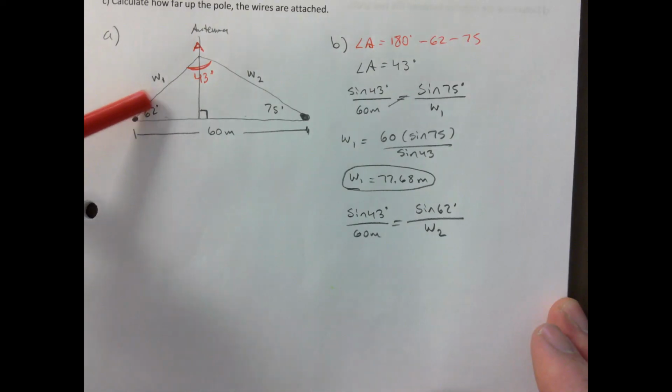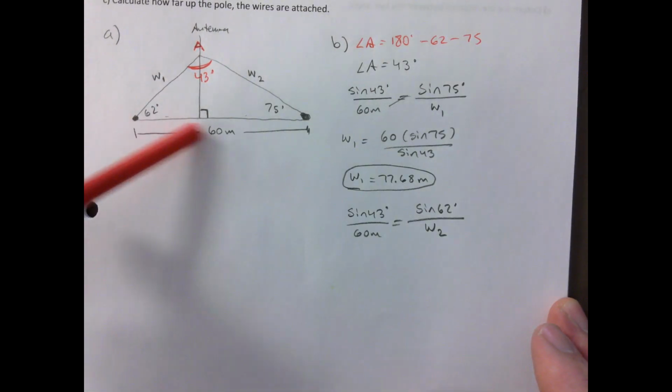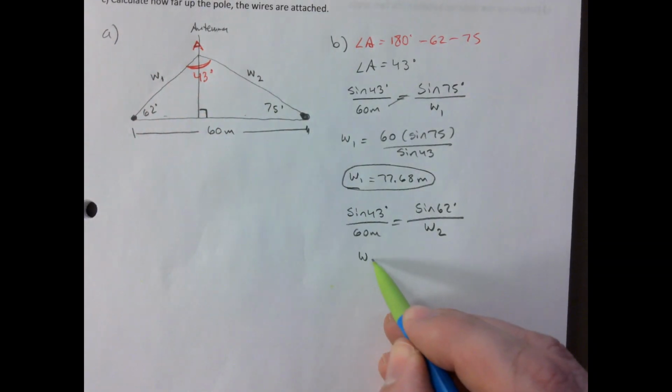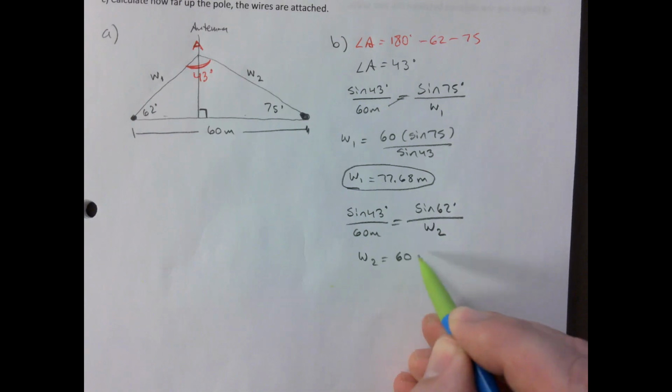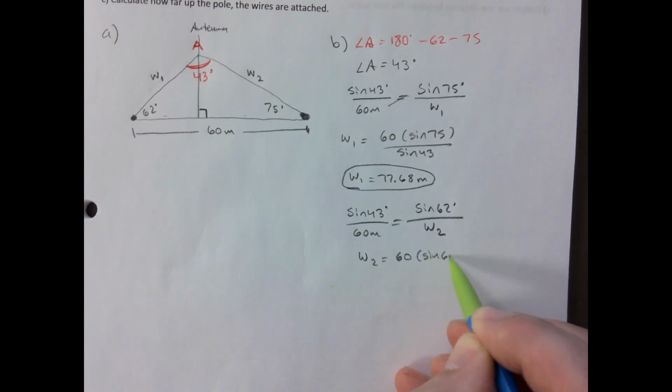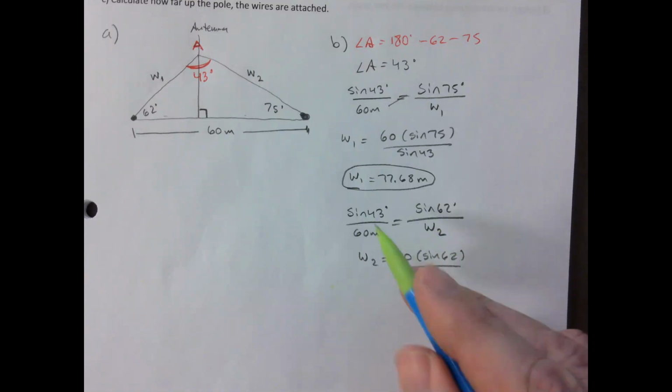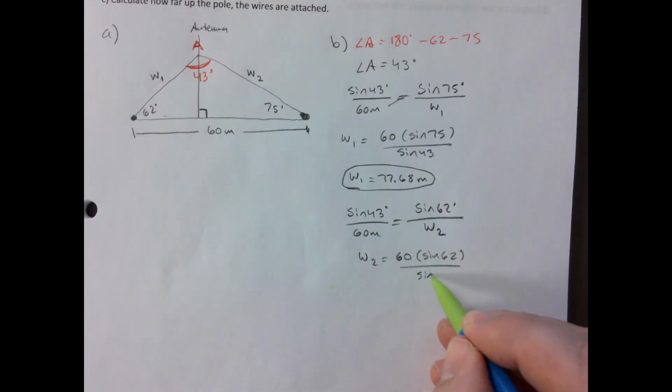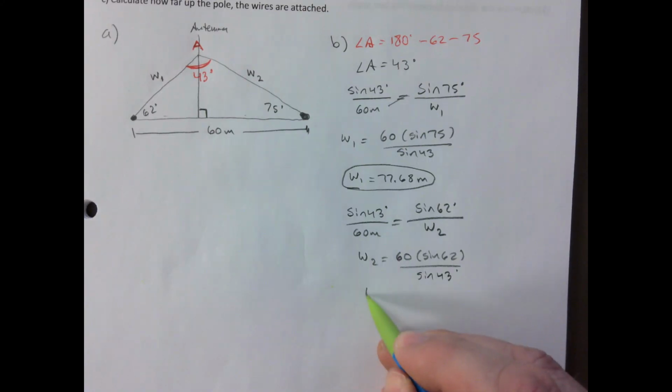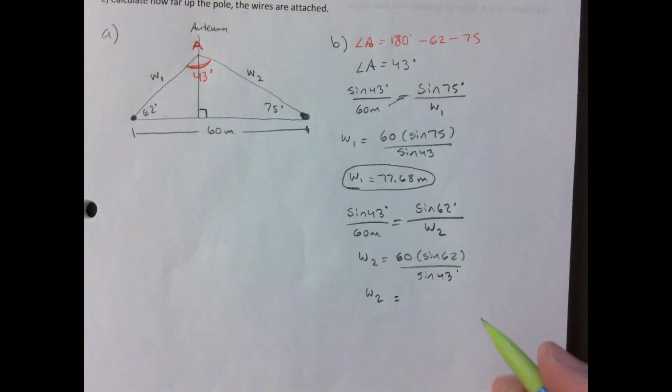You already know W1, the angle, and the 60. Absolutely. If you want to use cosine law, go for it. Sine of 43. W2 is 84.98.